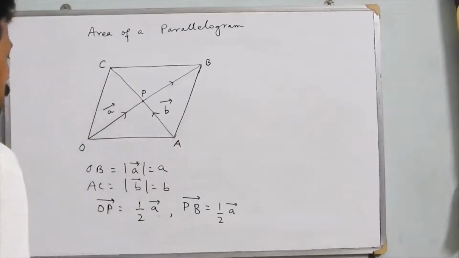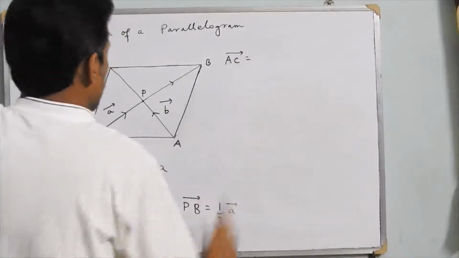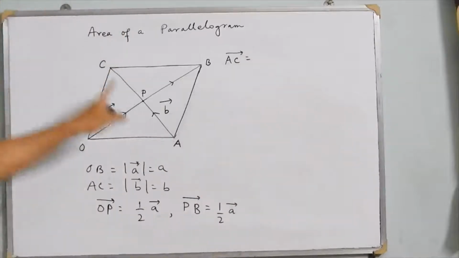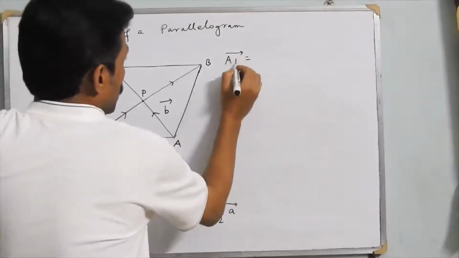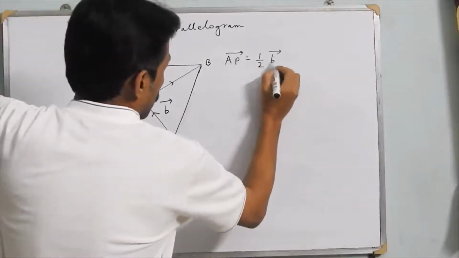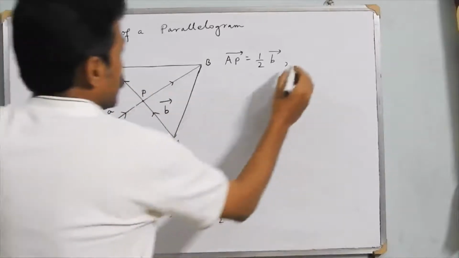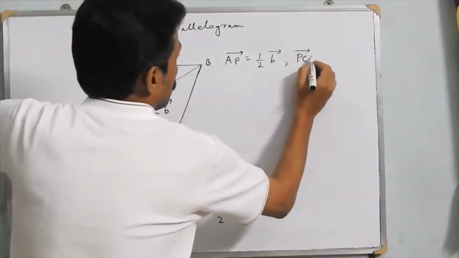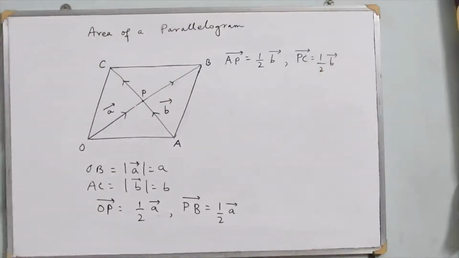Similarly, AC, which is another diagonal, is bisected, and so AP can be written as half of B vector and PC can be written as half of B vector.